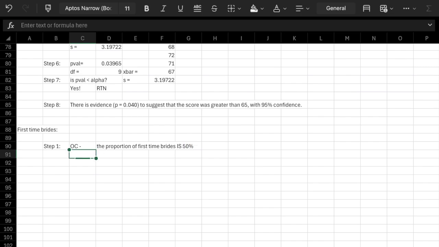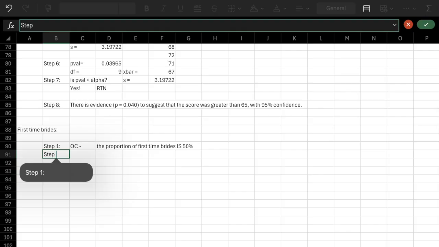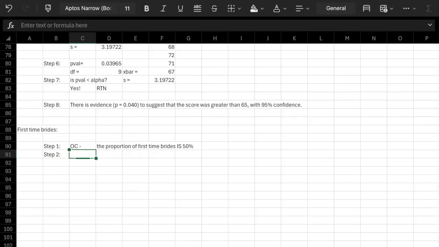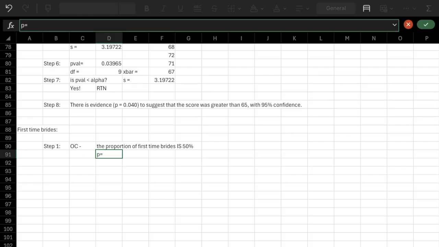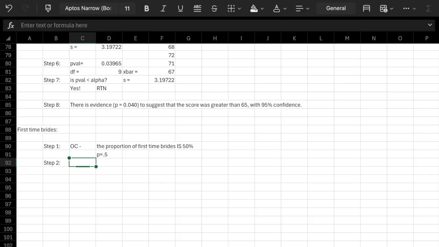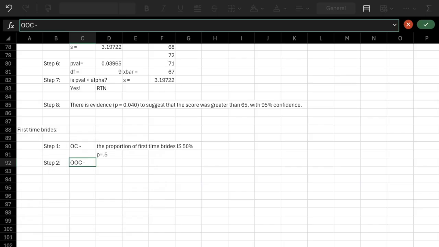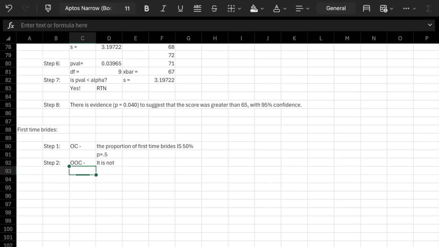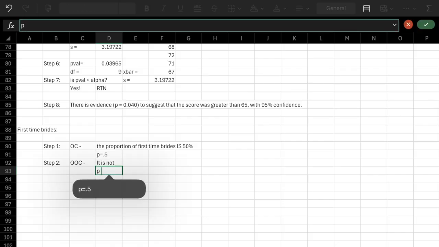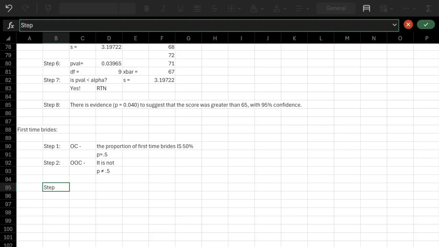She didn't say less than, she didn't say greater than, she said is 50%. So what's that going to be in math? Well, that's going to be p equals 0.5. Okay, let's do step 2. Well, the opposite of the original claim. It is not 0.5. P option gives me not equals 0.5.